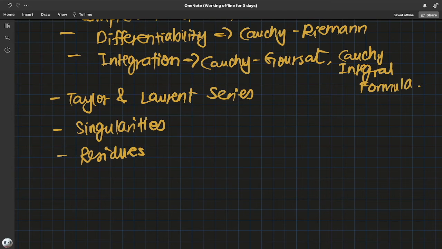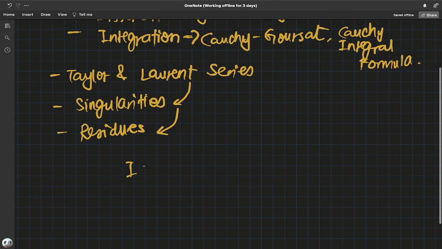We discussed the motivation for finding residues: if you expand a function using its Taylor and Laurent series at that singularity point, the only term that survives is the residue term. So the integral is basically going to be, as we discussed, 2 pi i times the sum of residues inside the contour.